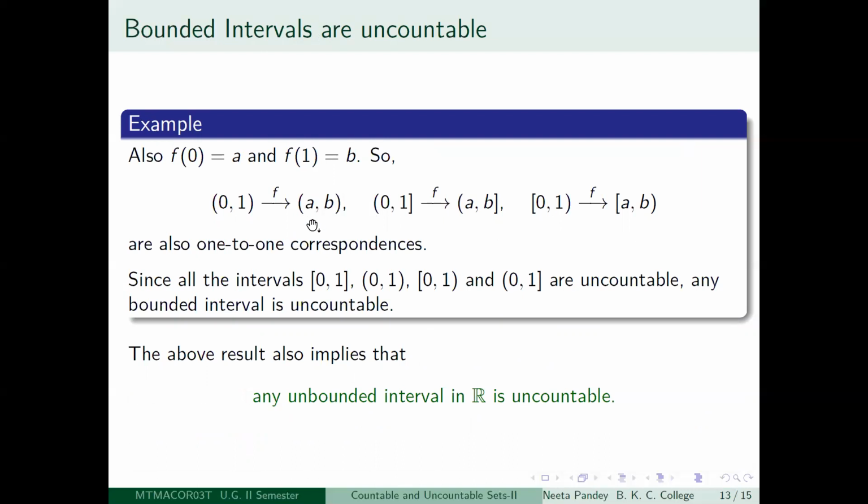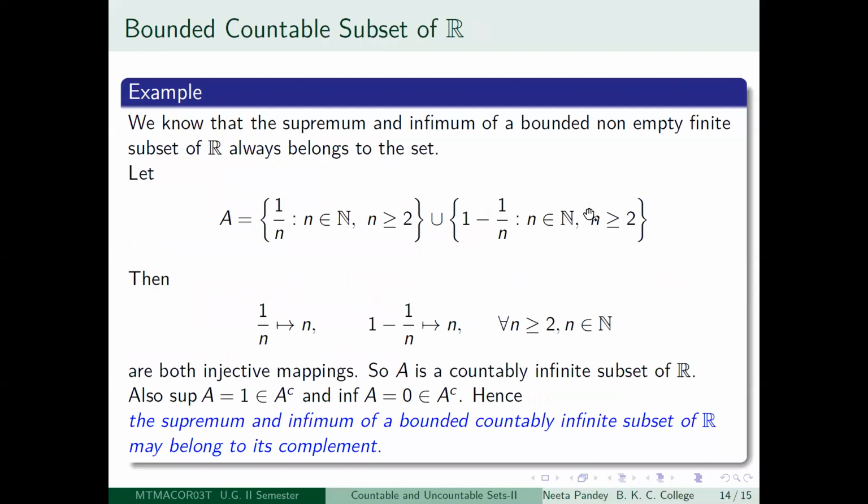Here the infimum is a and the supremum is b, which you have checked in a previous lecture, and a does not belong to the open interval, and b does not belong to it either. So the infimum and supremum of an uncountable subset of R may not belong to the set, as is clear from this example. But what happens if I take a countably infinite set? Even in that case, the infimum and supremum may not belong to the set.